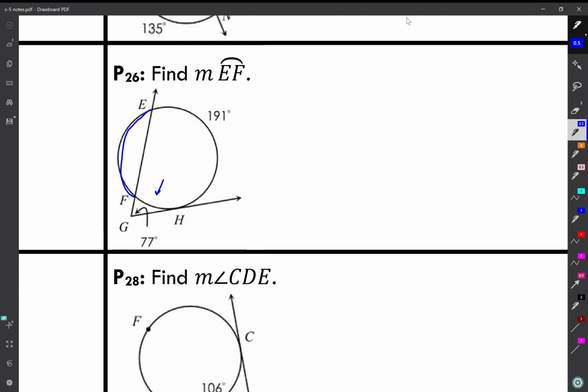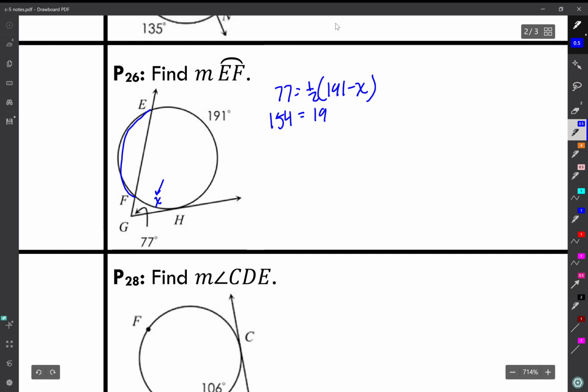So right here, we're going to call this X for right now. 77 is equal to 1/2 of the 191 minus the X. Multiply both sides by 2. 77 times 2 will give me 154. This is equal to 191 minus X because that 1/2 is now gone.